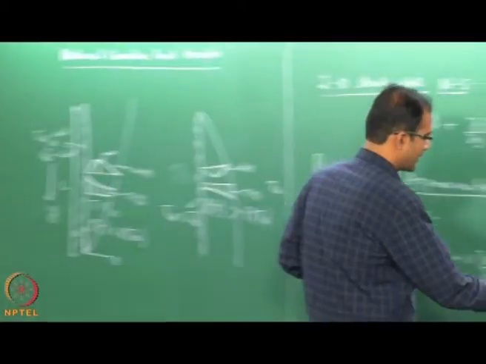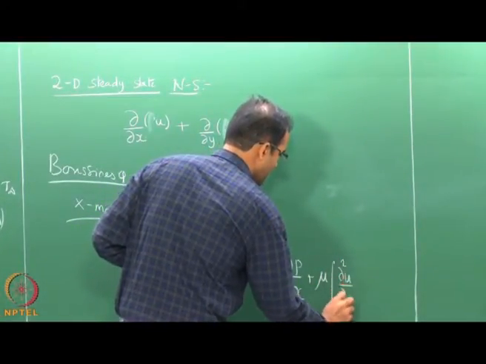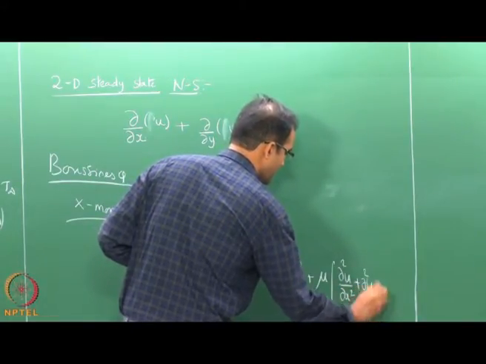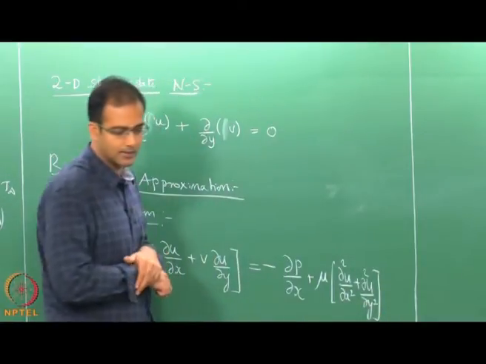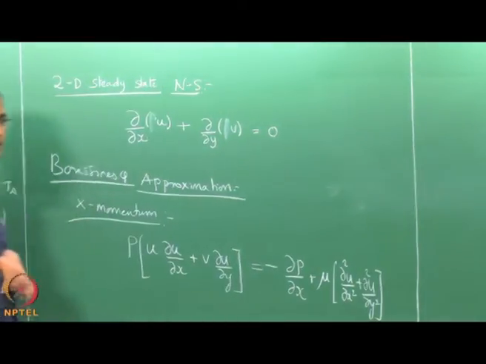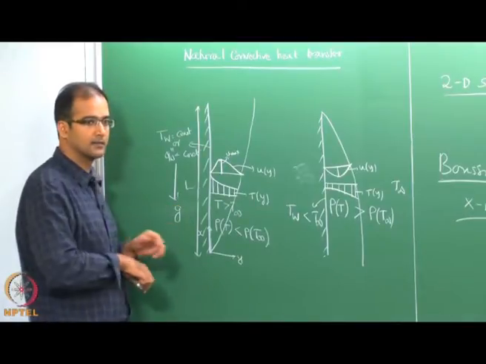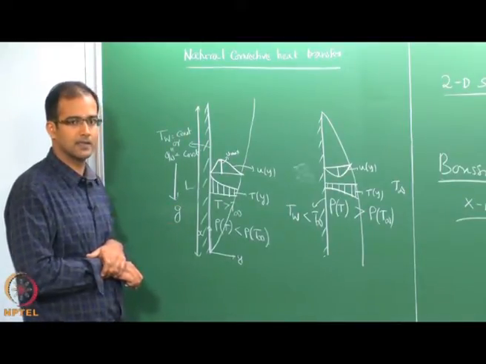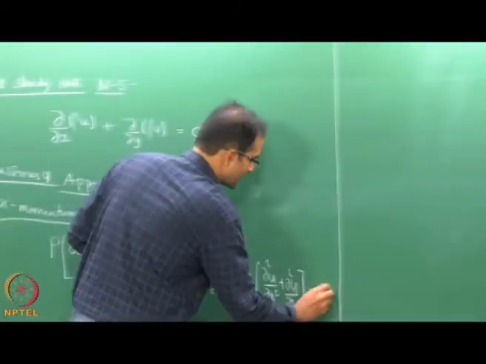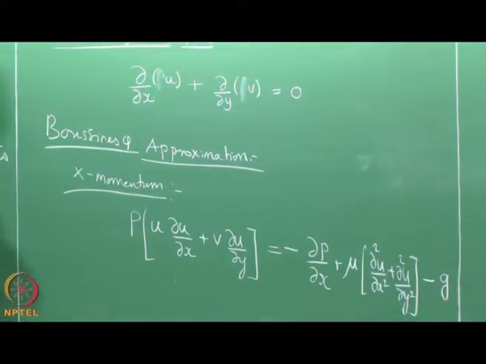So, you have minus dp/dx plus mu into d²u/dx² plus d²u/dy², and then what else? You have the body force. Here definitely the gravitational acceleration cannot be neglected. The body force is nothing but the gravitational acceleration g, which is acting downwards. So, therefore, we put a minus rho g, right.